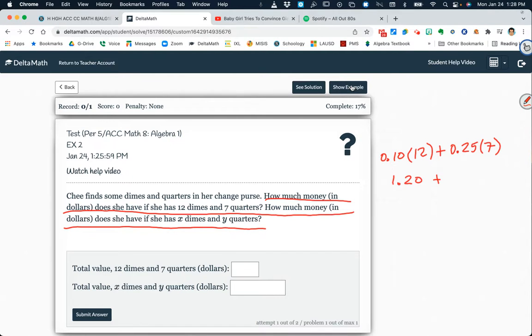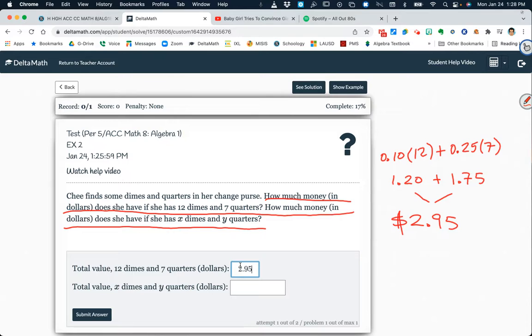And then 7 times 0.25 is $1.75. That's a total of $2.95. I don't think we need to put in the dollar sign. That's the easy part.